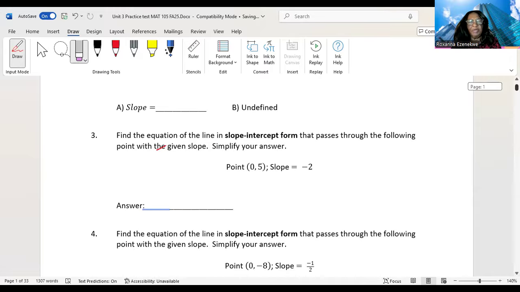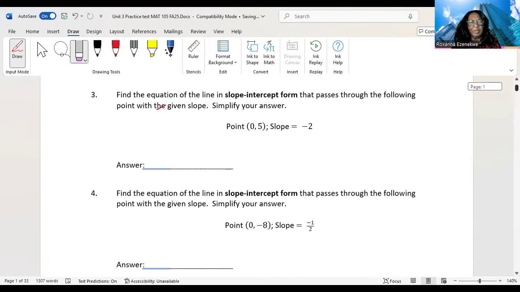If you do have a question, I would like you to let me know. But we have seen a lot of this. Number 3 says find the equation of the line in slope-intercept form that passes through the following point with the given slope. I'm giving the slope, I'm giving the point.